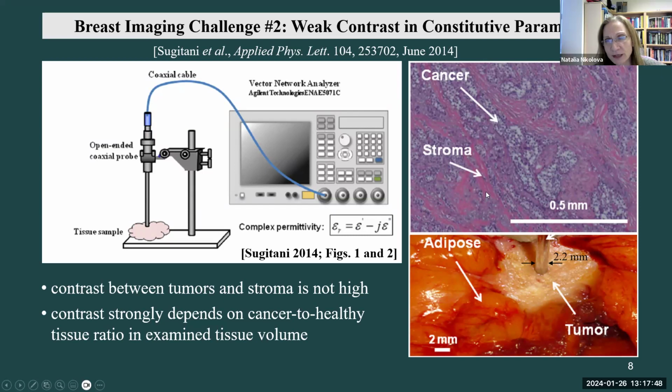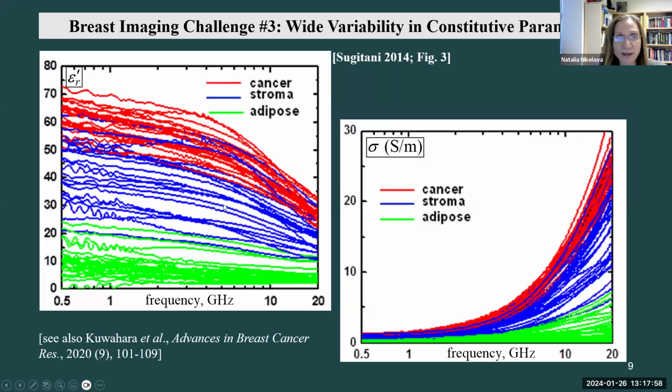And so what we measure is really a mixture of cancers and healthy tissue. And so it is always expected to have some wide variability in the constitutive parameters of what we measure for the particular tissue, in this case, breast tissues.